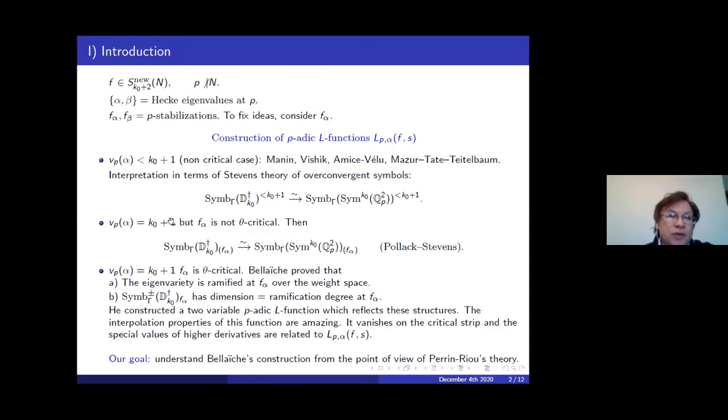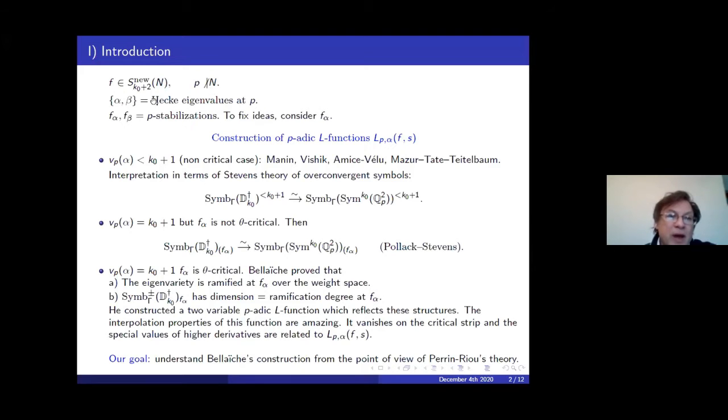So let f be a cuspidal newform of weight k0 plus 2 and level N, and let p be a fixed prime which doesn't divide the level.